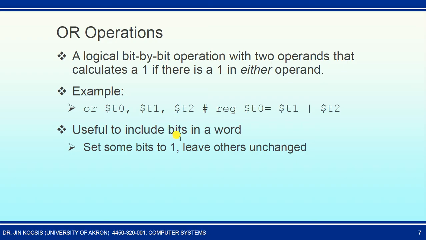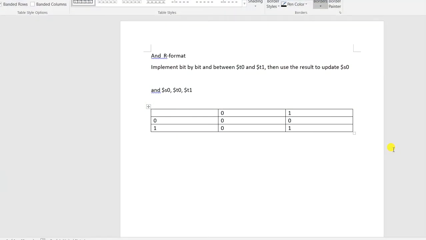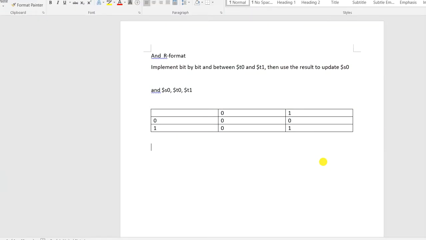I'll give you an example. Assume T0 and T1 are each a few bits long, and T0 is 0, 1, 0, 0, 1, 1.